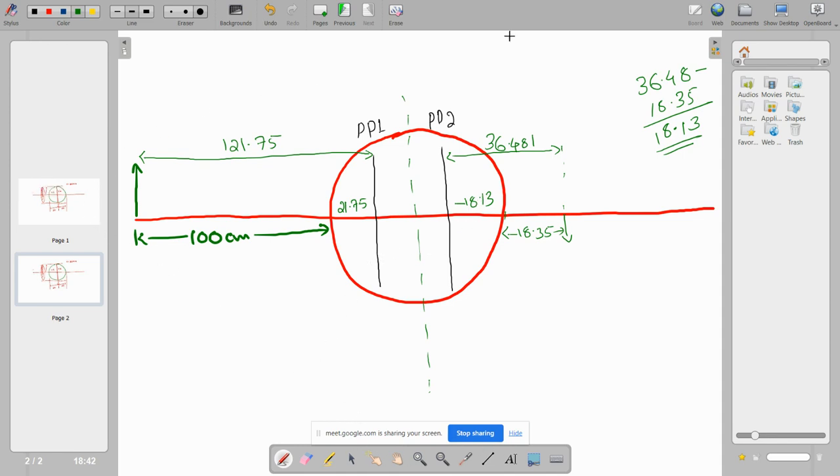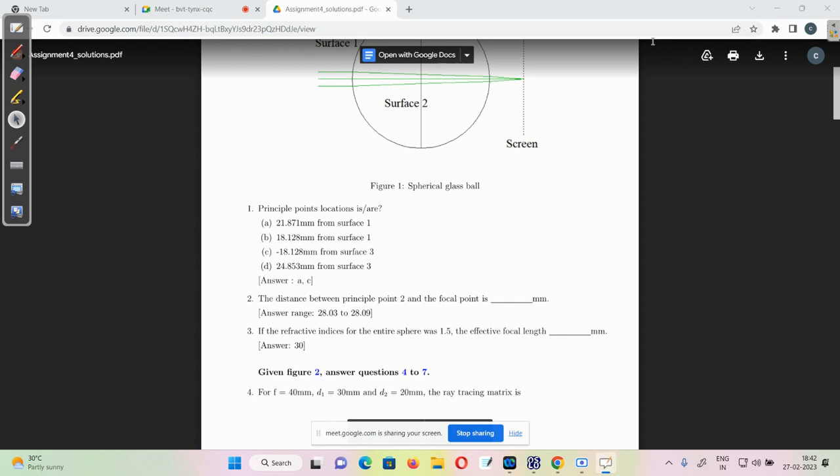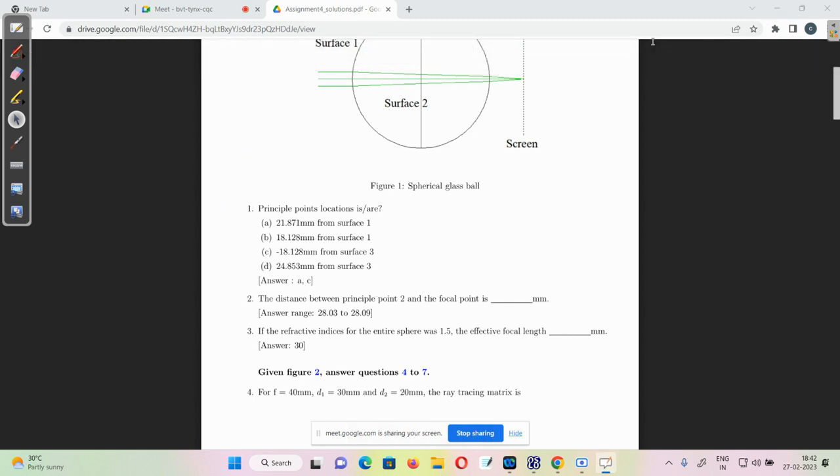So what will be the answer? 21.87 millimeter from surface 1 as well as minus 18.128 from surface 3. So this and this will be the correct answer.